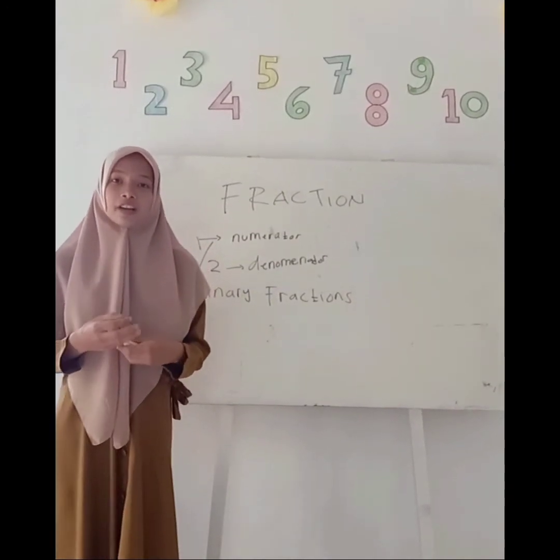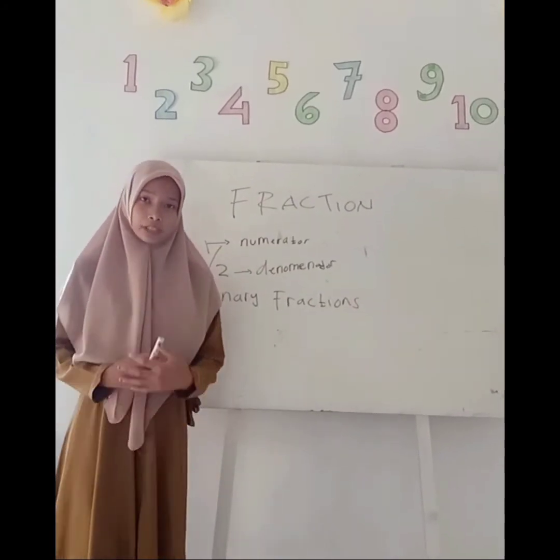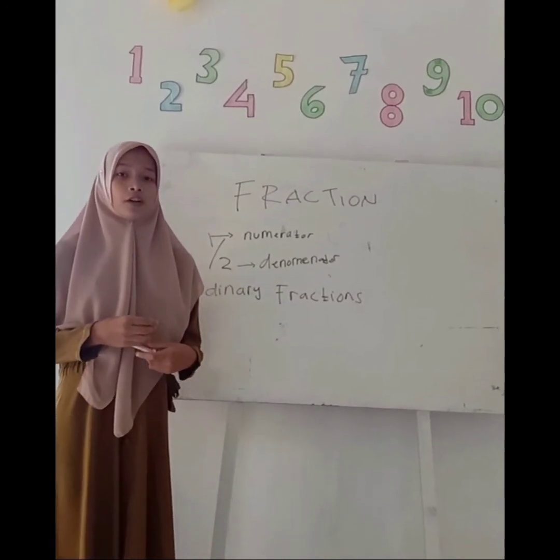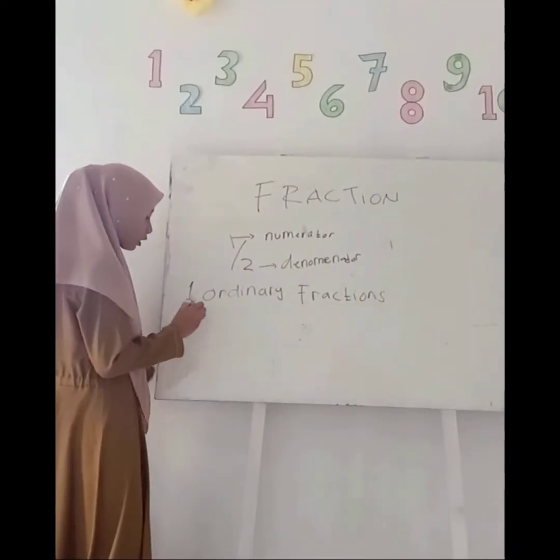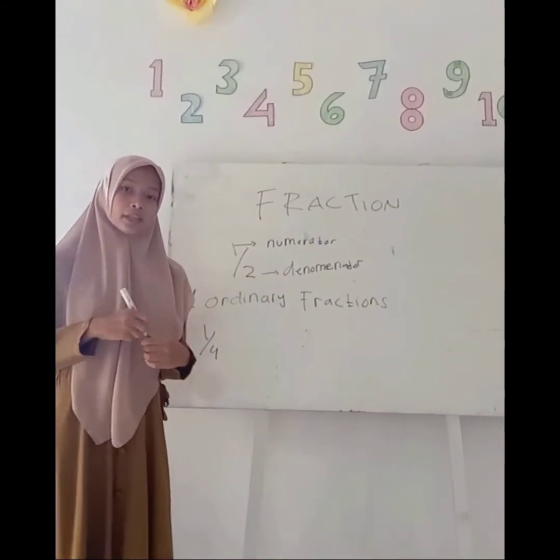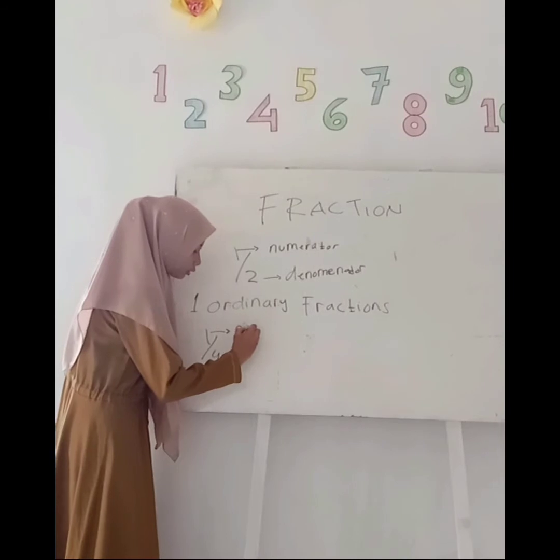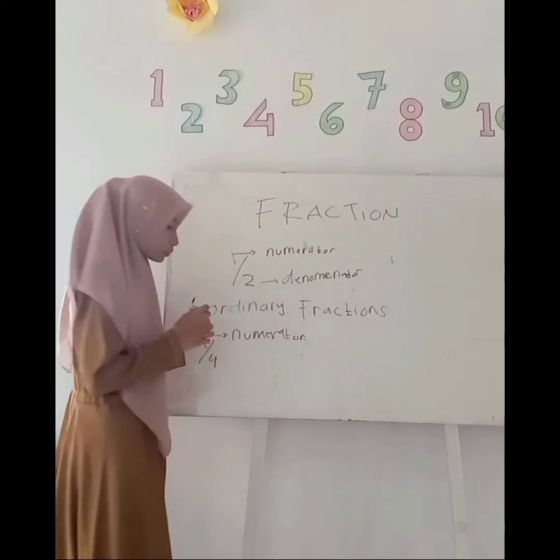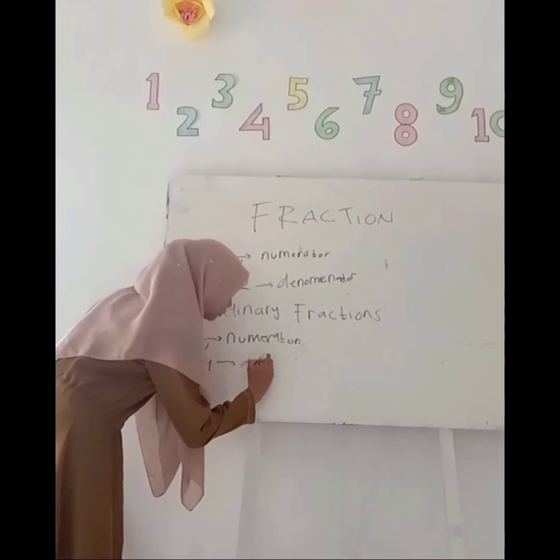Ordinary fractions are numbers that only consist of a numerator and denominator, where the numerator is less than the denominator. Example, 1/4. Which one is the numerator? And which is the denominator?